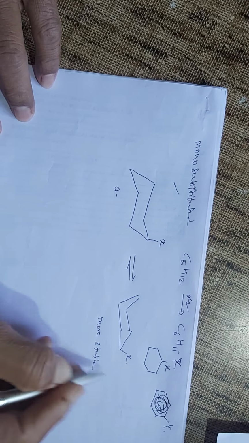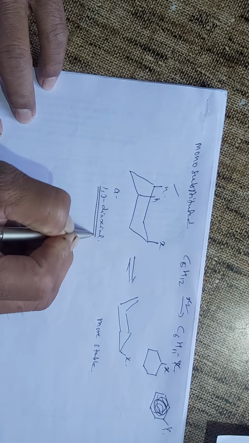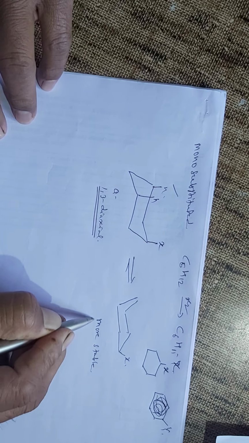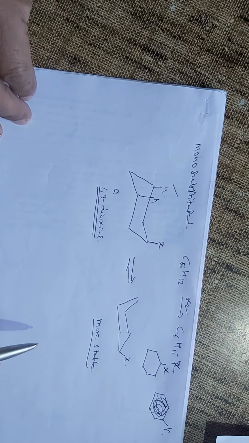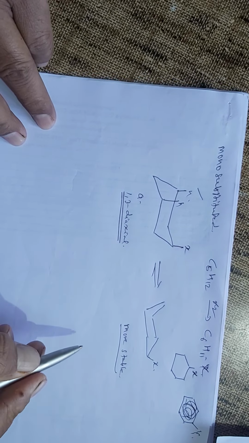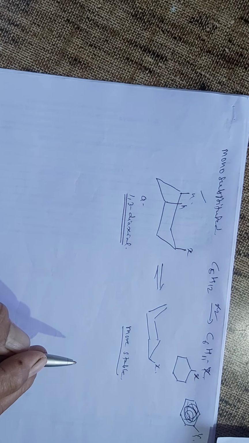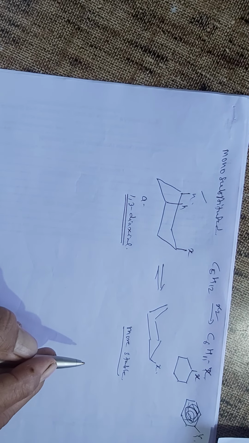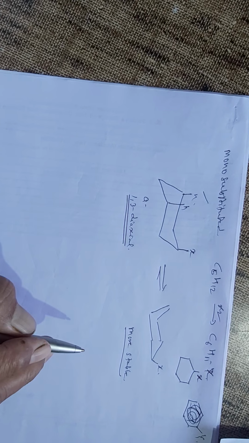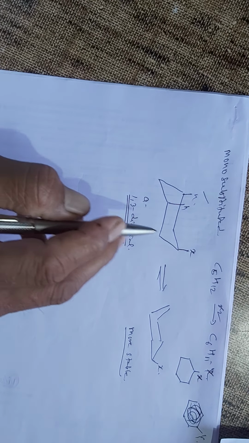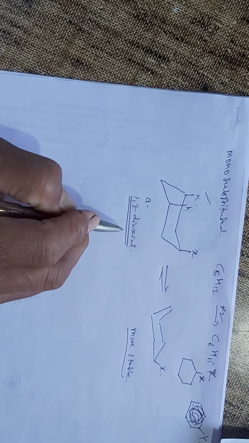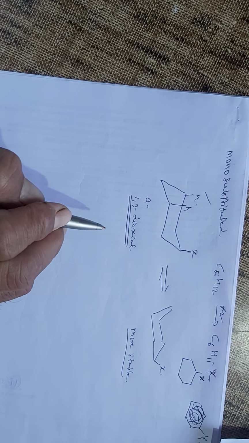But when this group is axial, the axial hydrogen atoms give you 1,3 diaxial interaction. So the substituent always tries to remain at the equatorial position, which is the most stable conformation. Equatorial conformation is more stable than the axial conformation, because when the group is axial, it shows 1,3 diaxial interaction and increases the internal energy of the molecule.